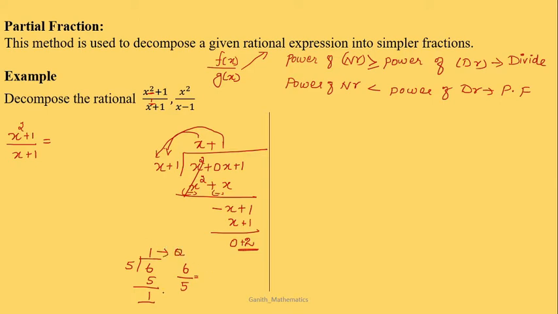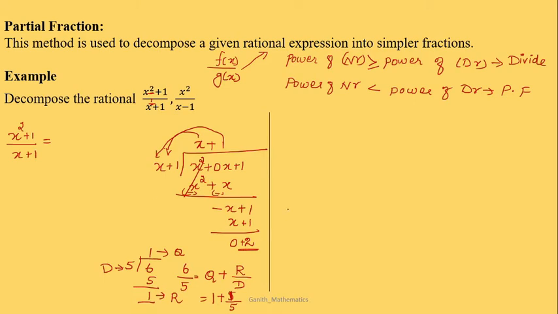I am denoting this as quotient, this is your remainder, and this is your divisor. In this particular example, the quotient is 1, the remainder is 1, and the divisor is 5. If you simplify this addition, you will get the same function, 6 by 5.